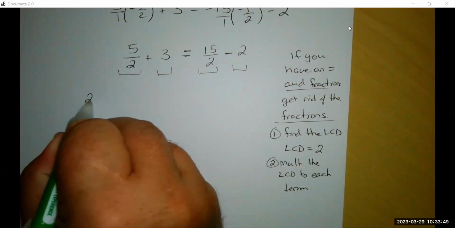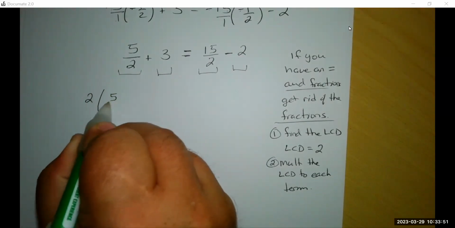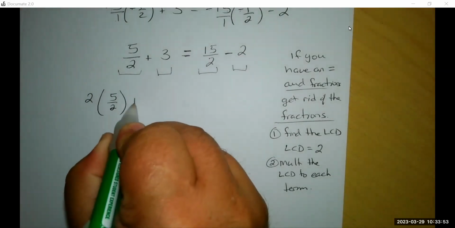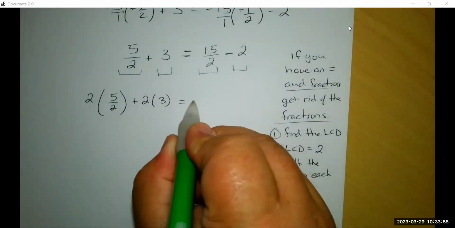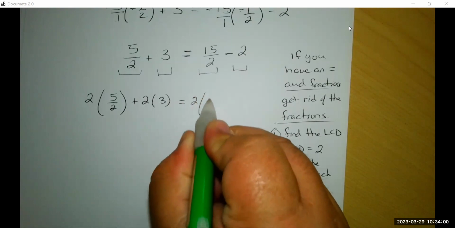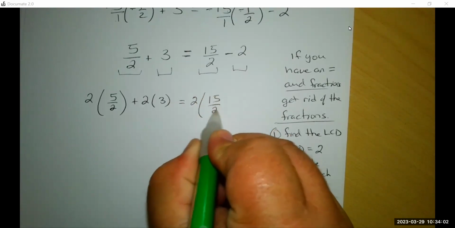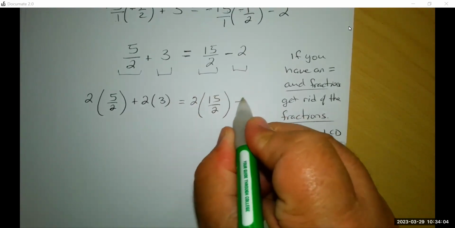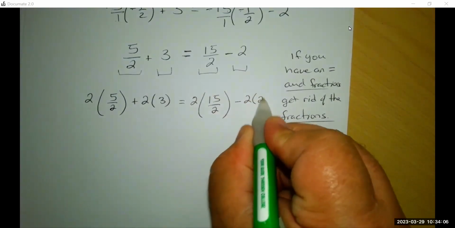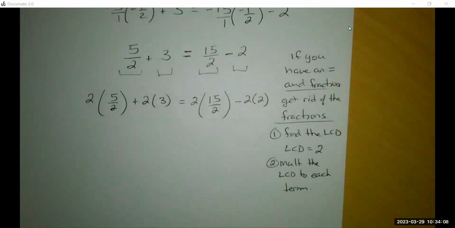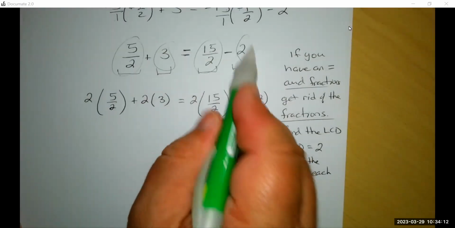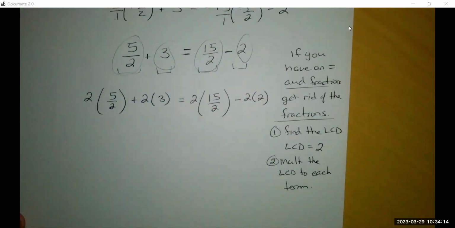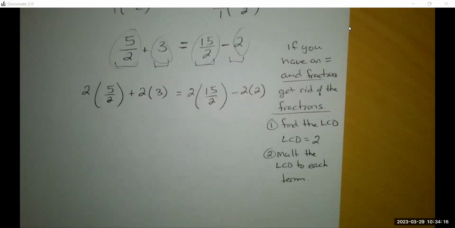So we have 2 times 5 over 2 plus 2 times 3 equals 2 times 15 over 2 minus 2 times 2. So we multiplied each of these terms by 2.